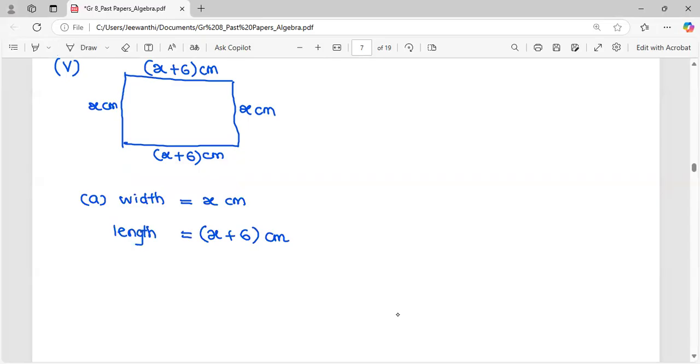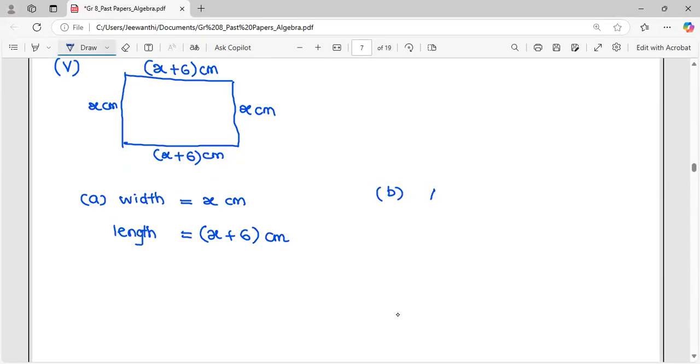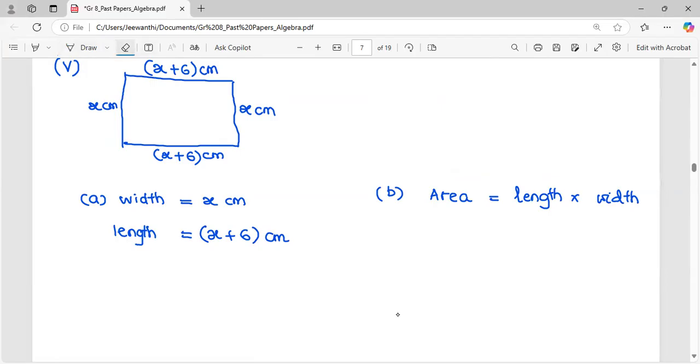So then they say the part B, they are talking about the area. We know how to find the area of a rectangle, that is length multiplied by the width. Okay. So then we'll see that what they have given this as 40 centimeters squared, right? I'll first write with the units.